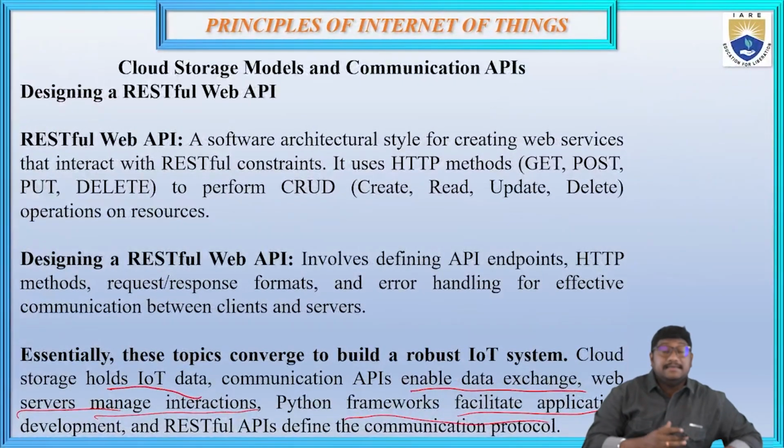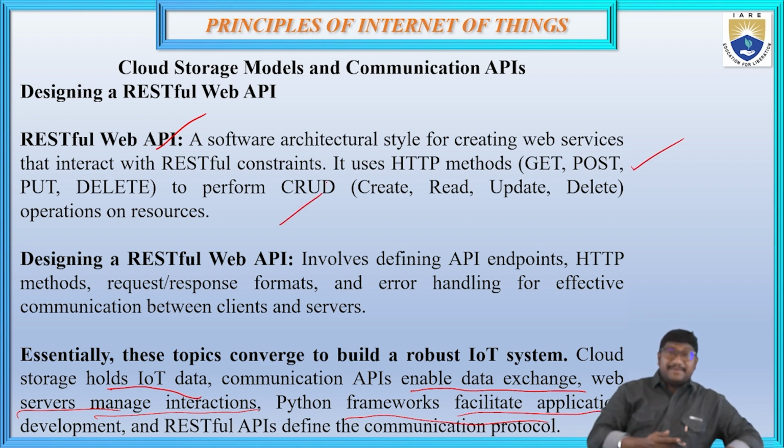And coming to designing a RESTful web API, what was this RESTful web API? It is a software architecture for creating web services that interact following RESTful constraints. Here it also uses HTTP methods and CRUD operations.